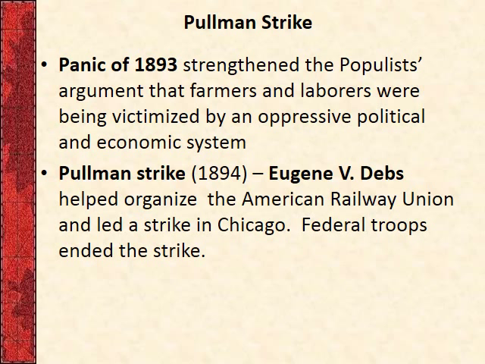And so what Pullman did is he slashed workers' wages by I think a third, but he didn't reduce the cost of their apartments or anything like that. So they go on strike, right? And then, of course, the federal government at this time, which sided with big business, sided with Pullman and ended the strike, claimed that they were halting the sending of the federal mail, so that was a federal crime.